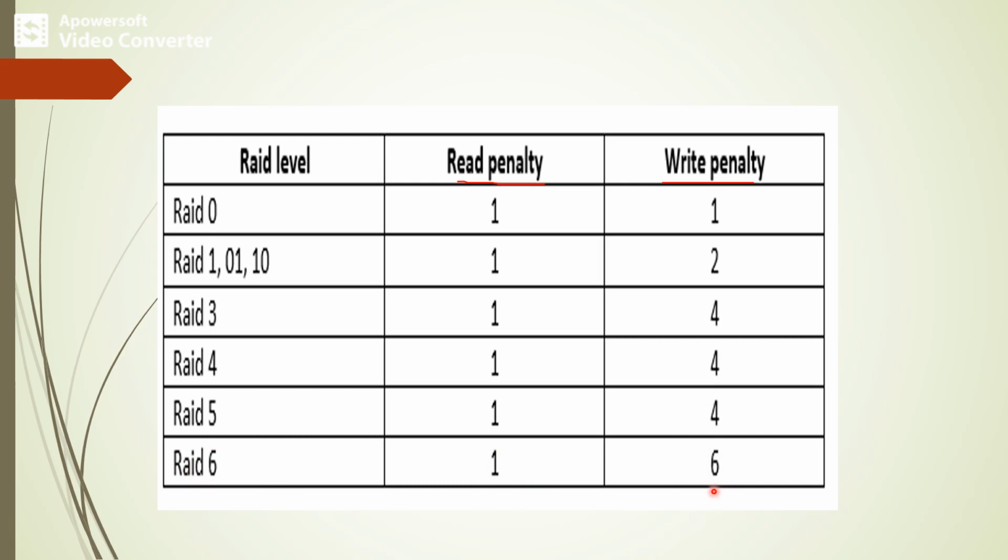That means 3 read operations and 3 write operations with respect to RAID 6, and 2 read as well as 2 write operations with respect to RAID 5, RAID 4 and RAID 3. Here 1 read and 1 write operation with respect to RAID 1, RAID 01 and 10.